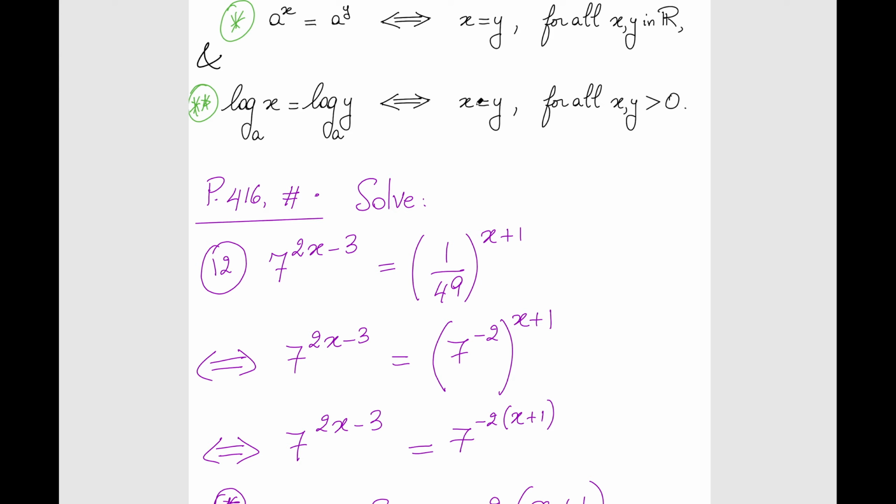One more time. If you have two numbers that are positive and they match, I'm reading it backwards, right? If you have two numbers that are positive and they match, that's equivalent to saying that log base a of x is equal to log base a of y. In other words, you can apply log base a to both sides and get an equivalent equation because the function is 1 to 1. Correct? You're gonna tell me, oh, what is a?